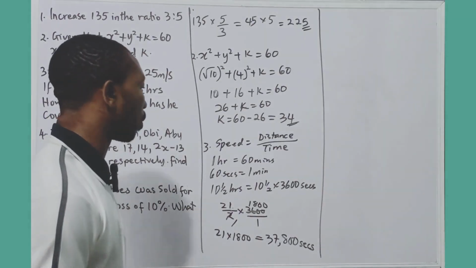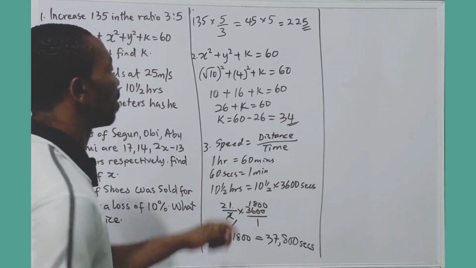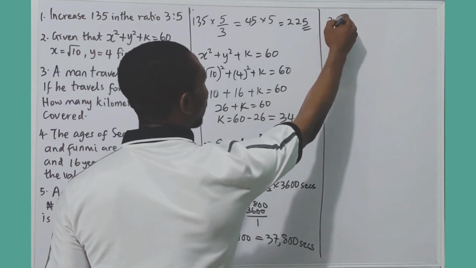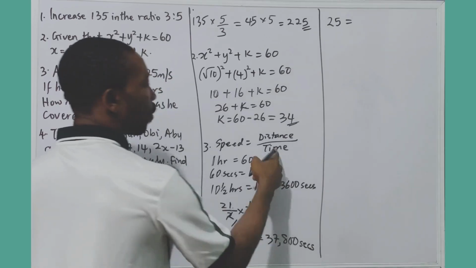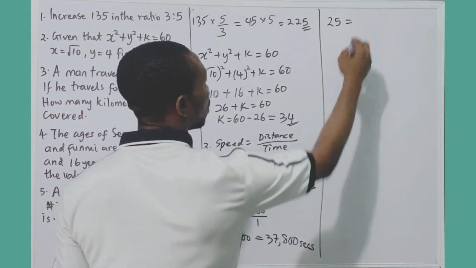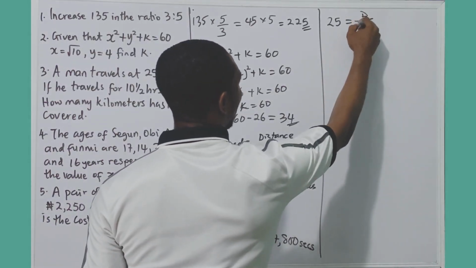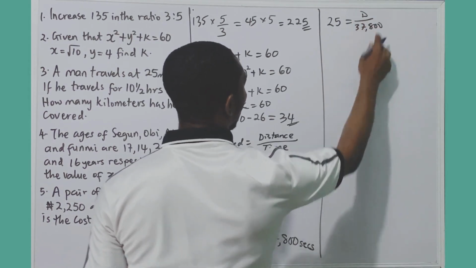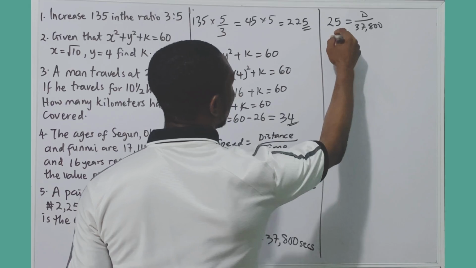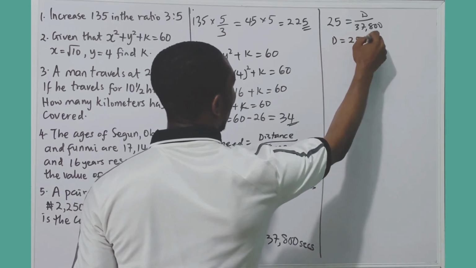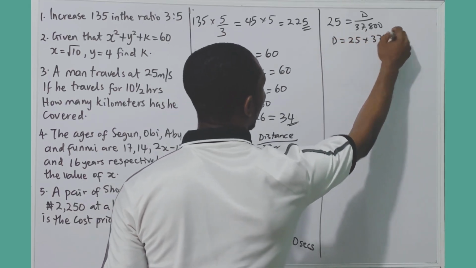Okay, now back to our question. Where we have speed, his speed is given as 25. Now we found time to be 37,800. So our distance, D, equals 25 times 37,800.